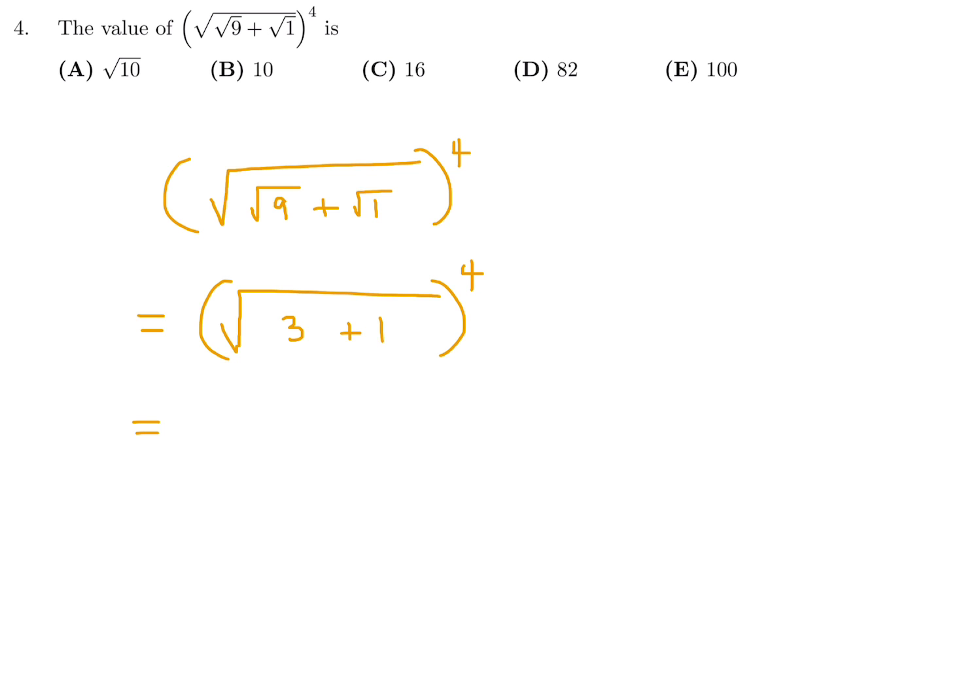The square root of 4 is equal to 2. So what's in the brackets becomes 2. And then we're just left with 2 to the power of 4, and that is equal to 16. So number 4, the answer is C.